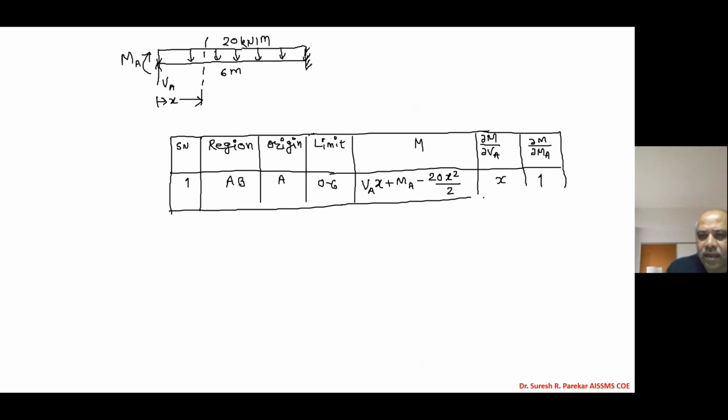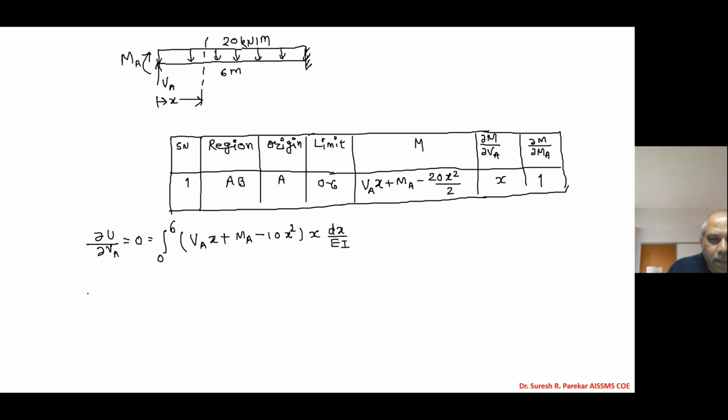So we have this table, and now we go to dU by dVA, and that is equal to 0, equal to integral 0 to 6 of (VA into X plus MA minus 10x square) into X into dx upon EI, and that is 0.